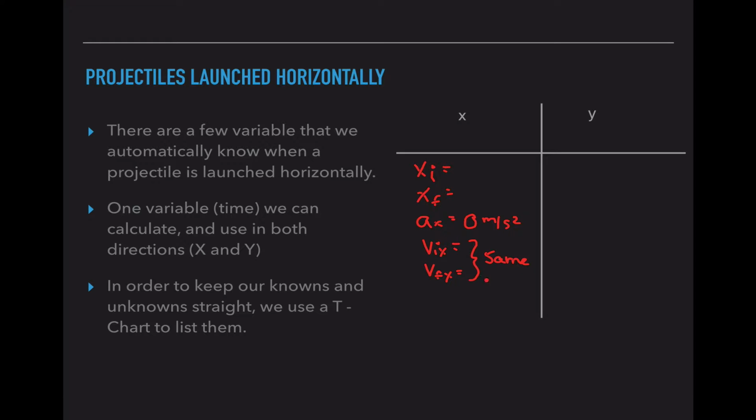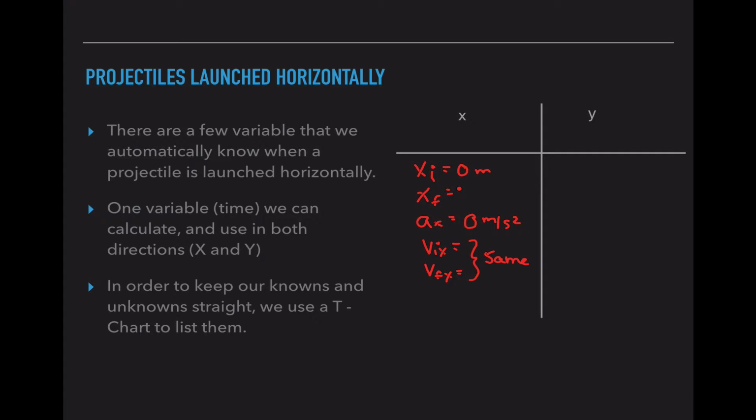So the problem will either give us enough information to calculate those two numbers, or it will be given to us. If we have vix, we automatically have vfx since ax is 0. Then xi, the initial position in the x direction, is always going to be 0 meters because that's going to be the edge of the cliff or the edge of the table that we're falling off of. So xf is the one number that we don't know.